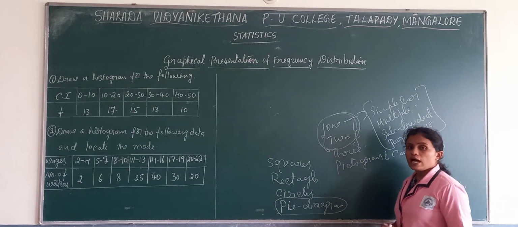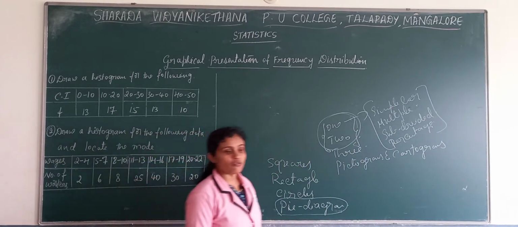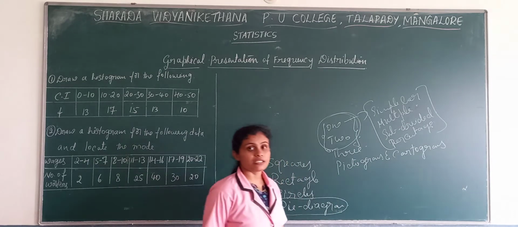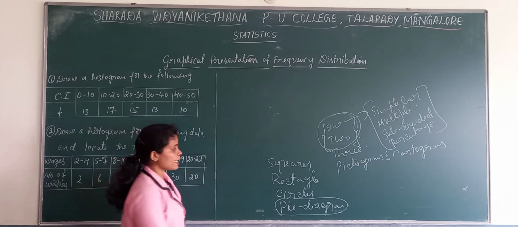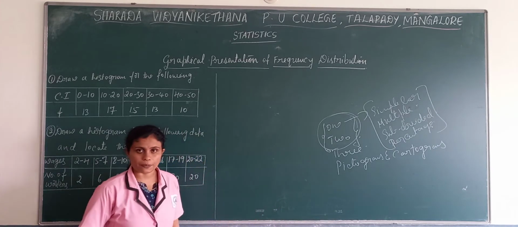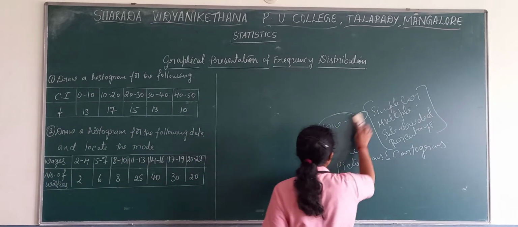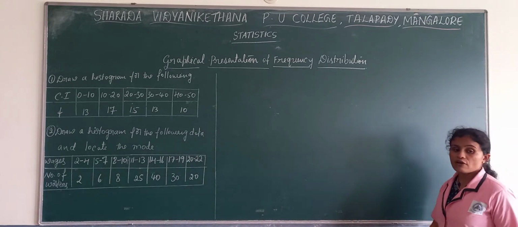Now we are moving towards the graphs, the preparation of graphs for frequency distribution. The main difference between graphs and diagrams is that we draw diagrams on plain paper, any other normal paper, but we draw graphs on graph sheet.